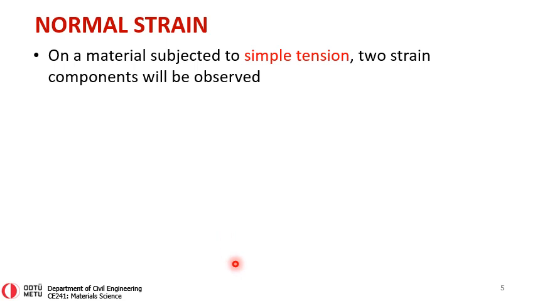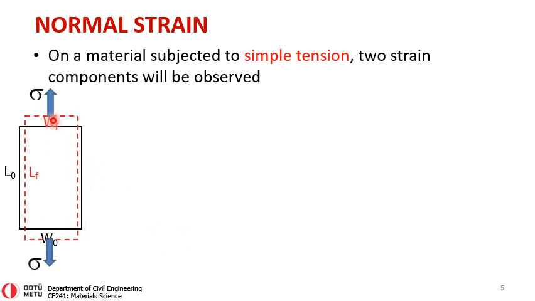If I were to explain normal strain, let's say we have a material subjected to simple tension, and in this material the original length is L0 and the original width is, let's say, W0.